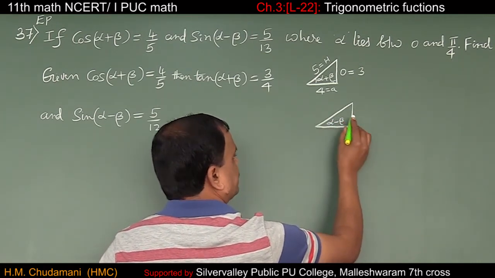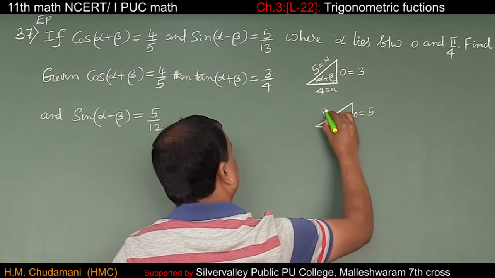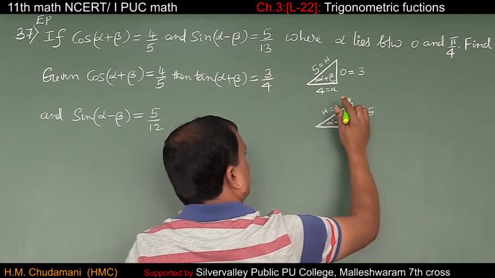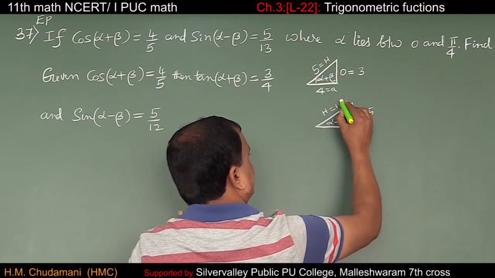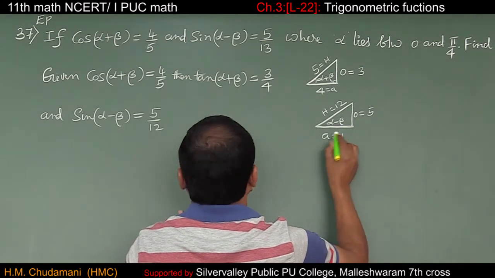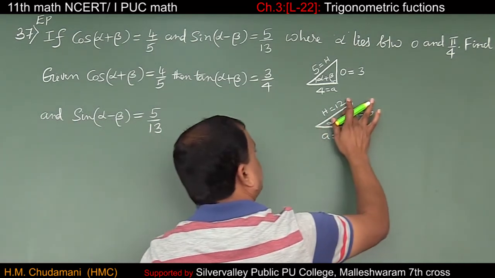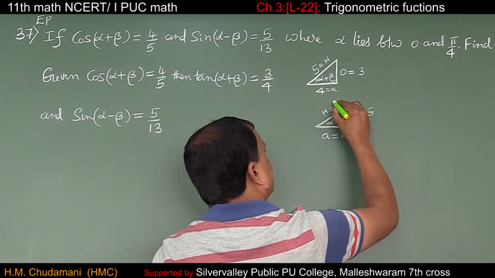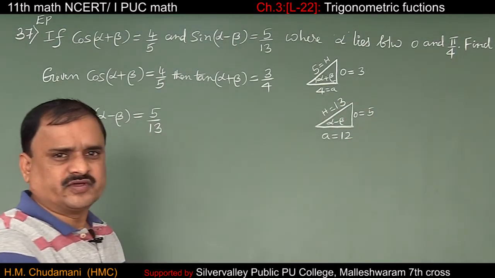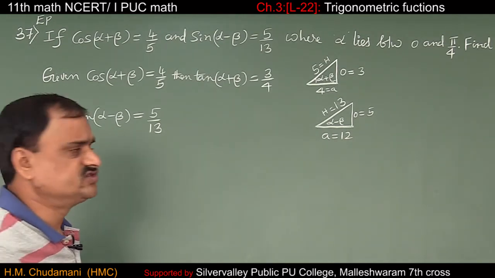Opposite side is 5, hypotenuse side is 13, and the adjacent side is 12. 13 square, 169 minus 25 means 144, so root of 144 means 12.